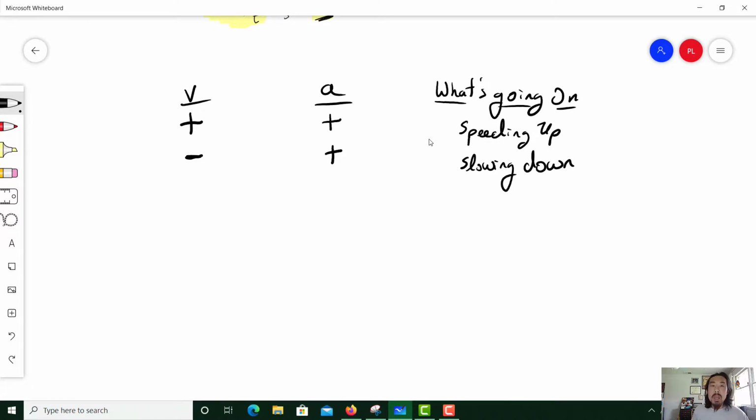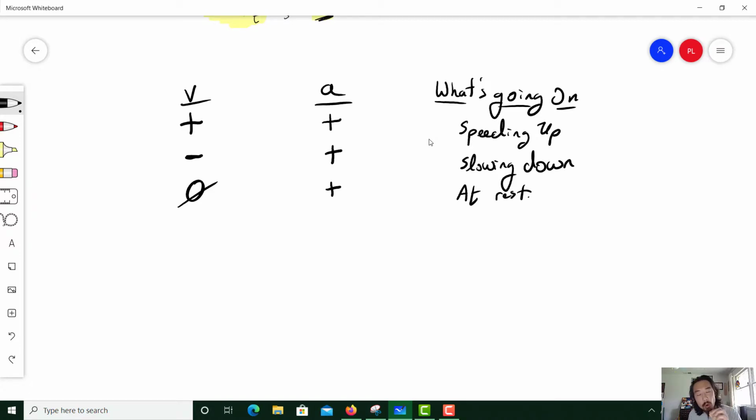Now, if we have an object that is not moving, zero velocity, but it has a positive acceleration, this is very important because this is one of those tricky ones. If the object is not moving, but it is speeding up in the positive direction, at that moment, at time zero, it is at rest.